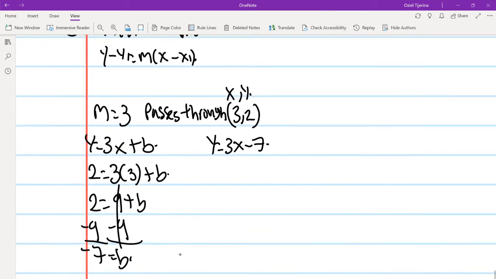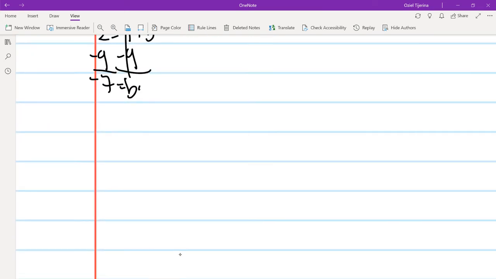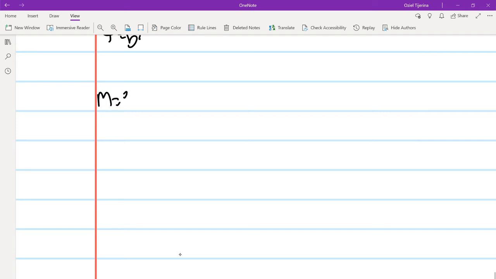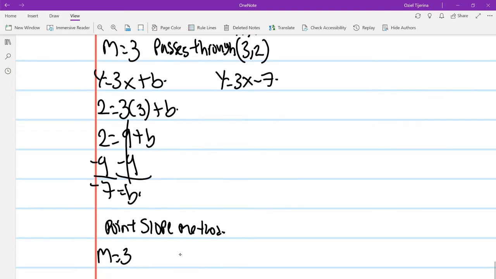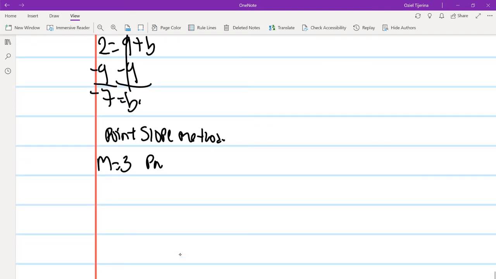Now let's do it the point slope way. So m equals 3, and it passes through (3, 2). This is a point, and since we don't have another point, we can say this is x1, y1.